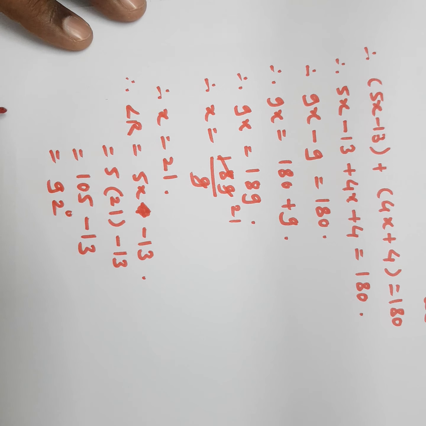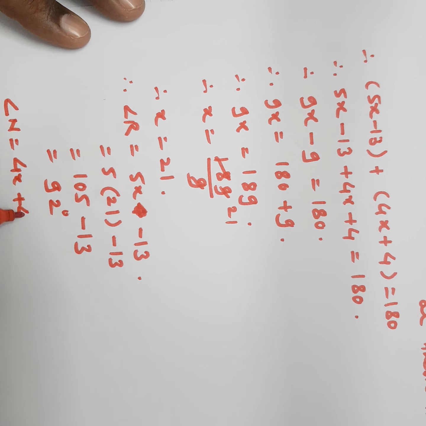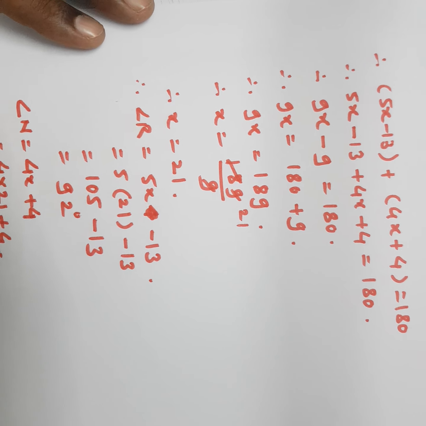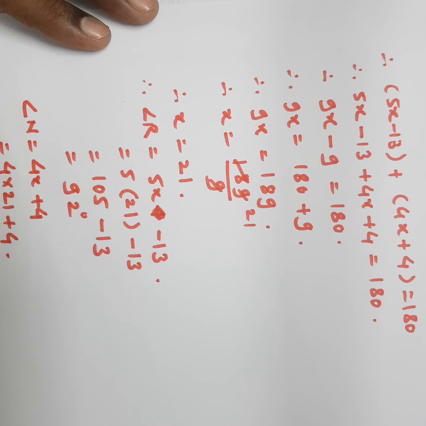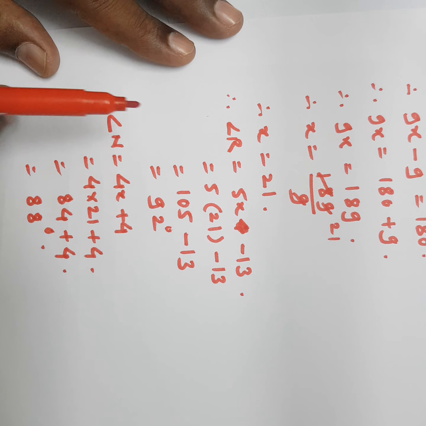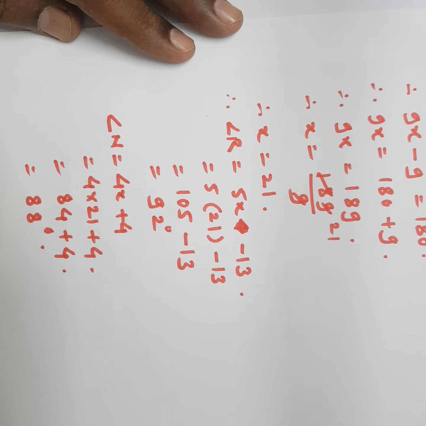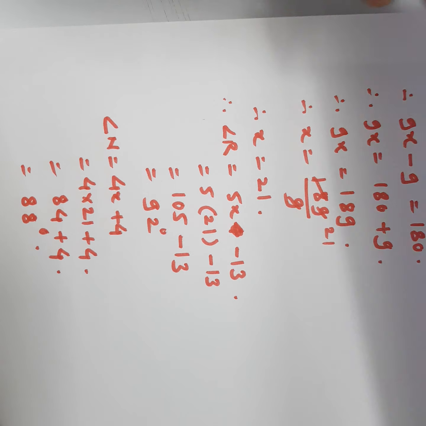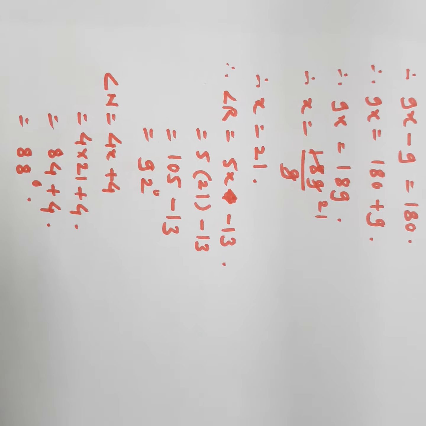Then angle N is 4x plus 4, that is 4 into 21 plus 4, which is 84 plus 4, that is 88 degrees. Therefore, the measures of angle R and angle N are 92 degrees and 88 degrees respectively. Thus, we have used the property, or theorem, of the cyclic quadrilateral.